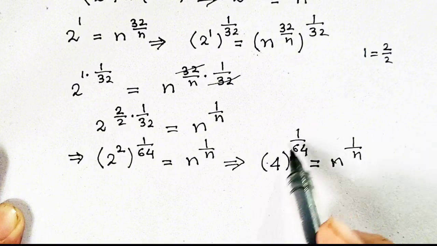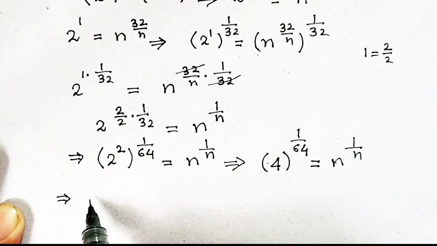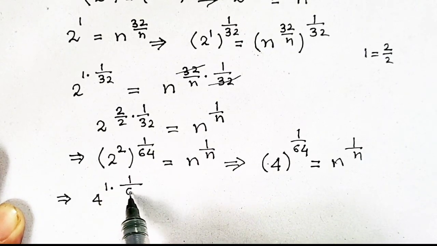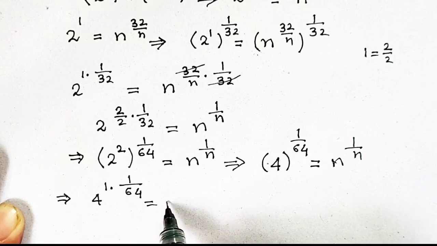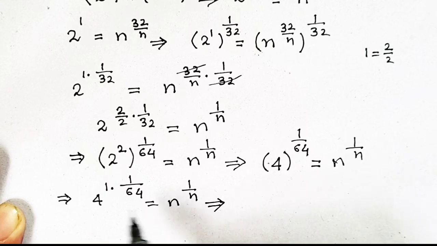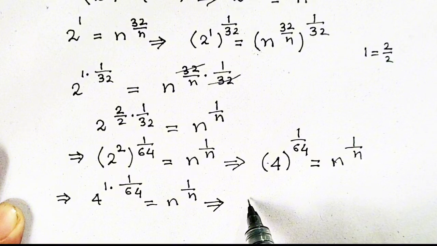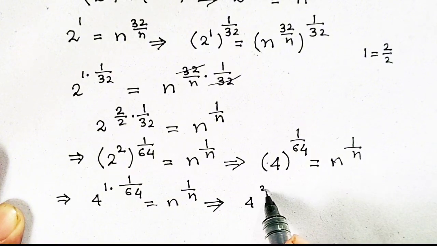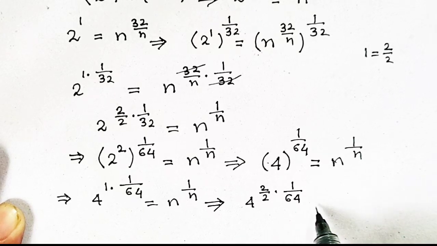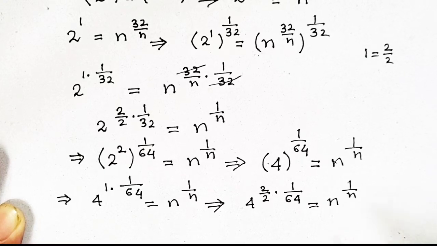Now again we will write this one in this way, that 4 power 1 times 1 over 64 is equal to n power 1 over n. 1 can be written as 2 over 2, as we have already written. So 4 power 2 over 2 times 1 over 64, and in right side we have n power reciprocal of n.